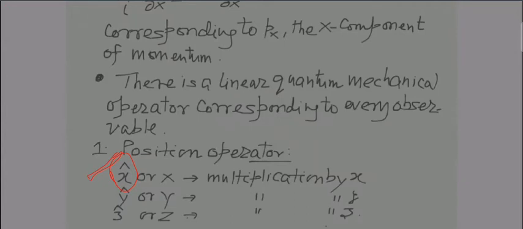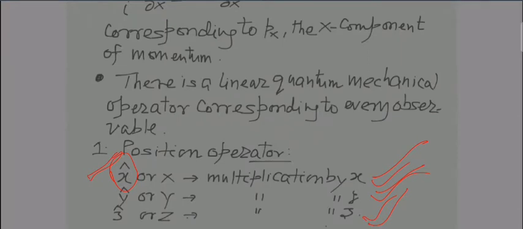So x hat, or x, is basically multiplication by x. Y hat, or y, is multiplication by y, and z hat, or z, is multiplication by z, right? This is the position operator.